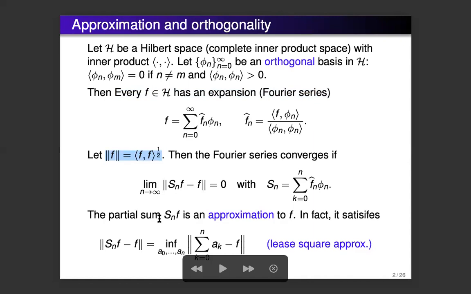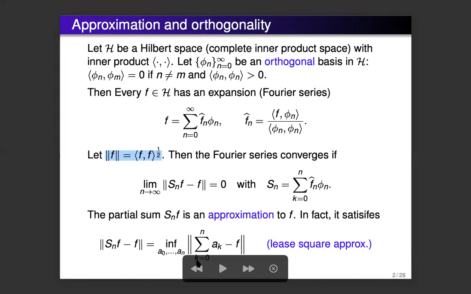So the partial sum S_n f is an approximation to f. In fact, it is even more: it is what we call the least square approximation. That means the norm of S_n f minus f is the minimum among all finite sums minus f, taking the minimum over all the coefficients.